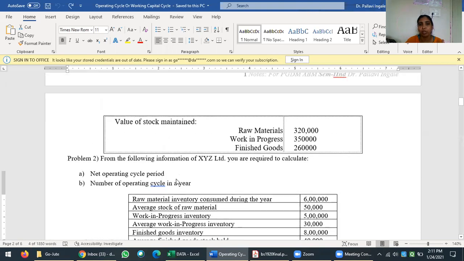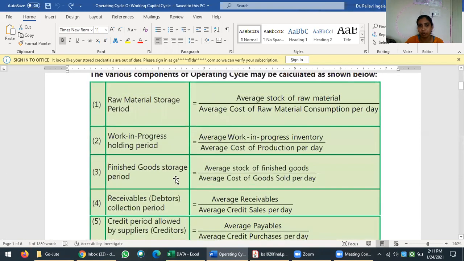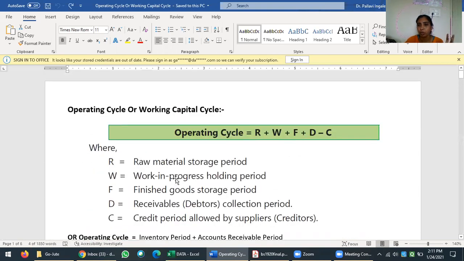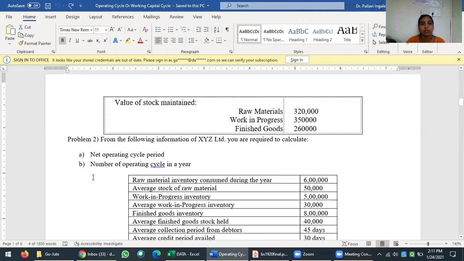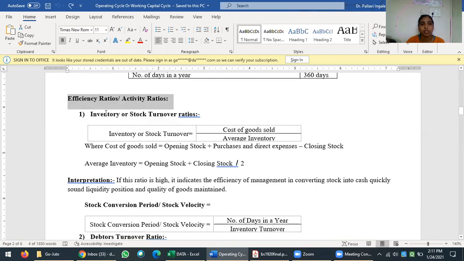As per the formula, we need all three holding periods, but since some companies don't provide them, we are considering the overall inventory.